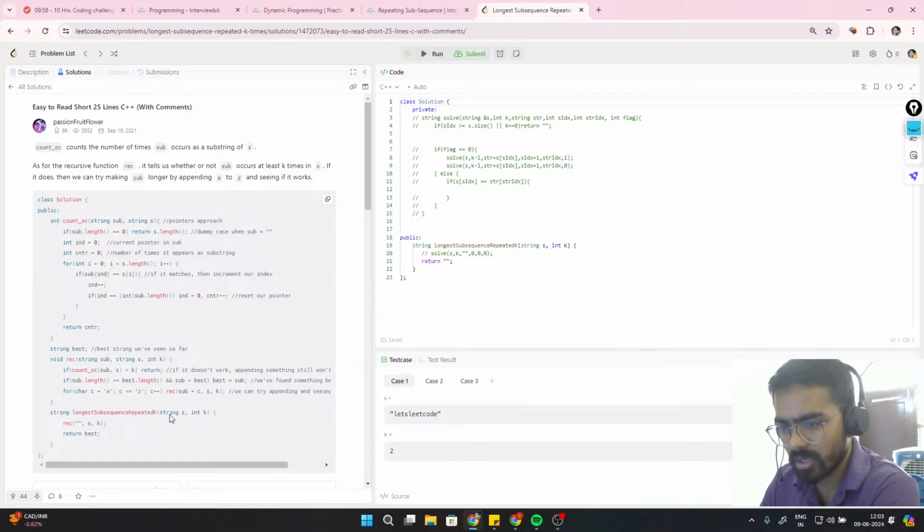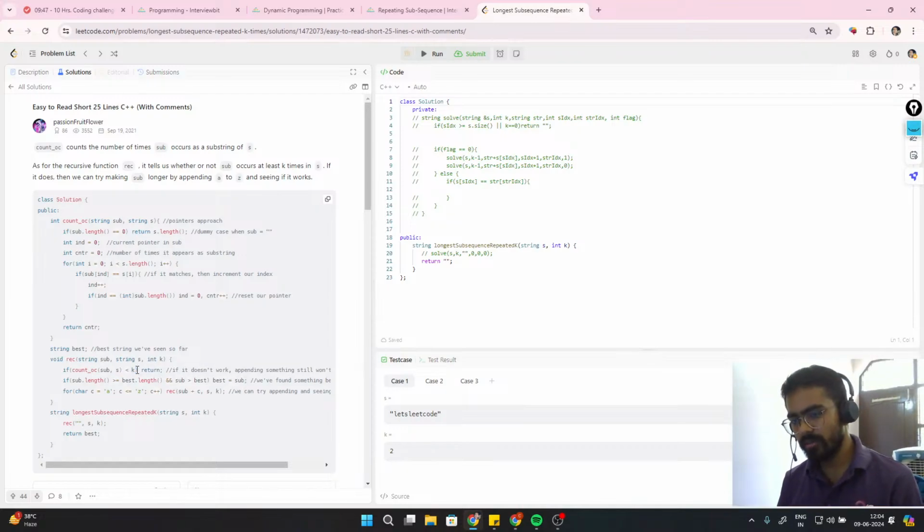But where are we stopping this? When the substring length goes beyond k. By default it is handling that part, which is 7, that we had an insight.